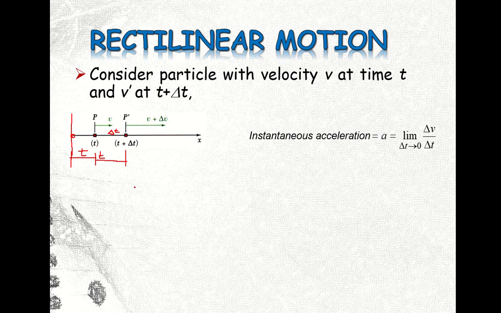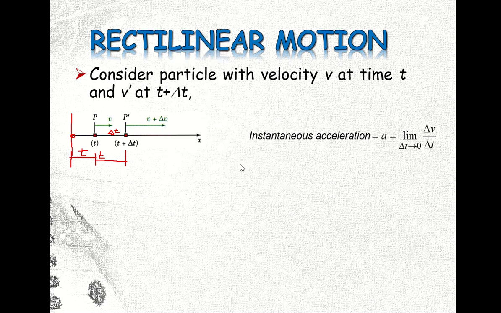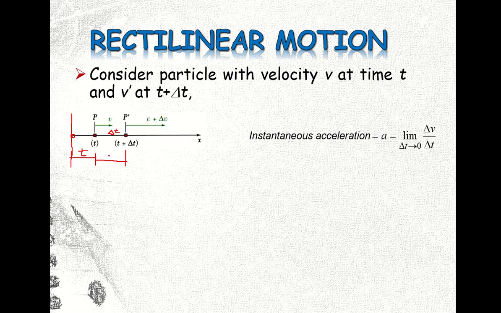Then if this particle moves further to p prime, okay, let me erase this one first. So this will be the delta t. Therefore the total time traveled by the particle from this position up to this position is simply the sum of the two times: t plus delta t.